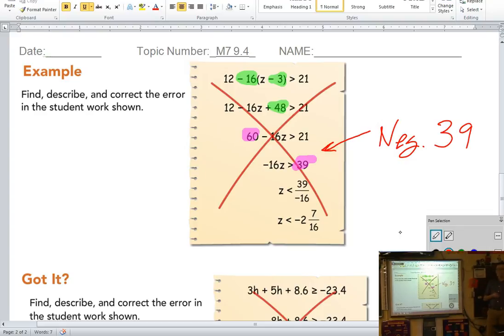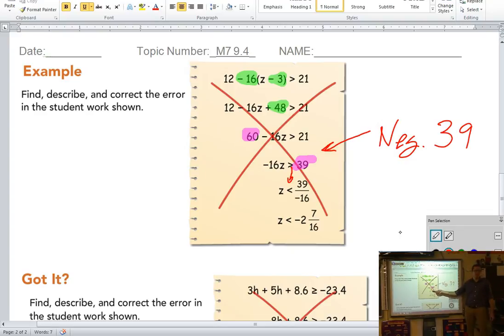Now, here's the funny thing. Everything else they did is absolutely correct. This is what we're talking about, where one dropped sign screws up everything. Because now nothing beyond that is right, but we can fix it. So if that should have been a negative 39, they still actually flip their inequality accurately when they divide by negative 16.